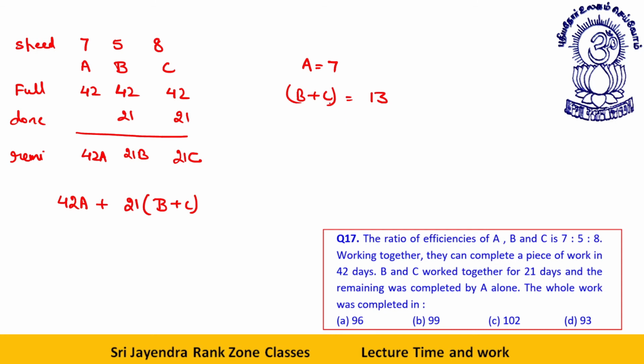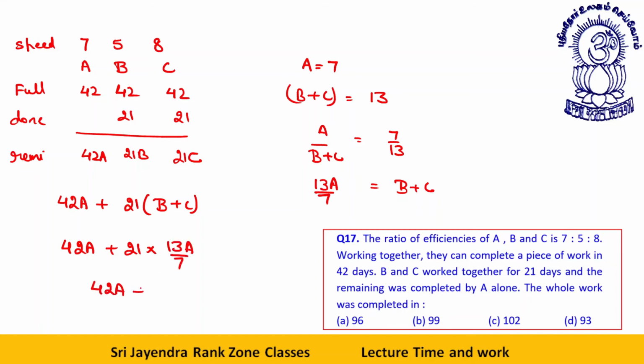So if I take a ratio of A upon B plus C, this is 7 by 13, or B plus C is equal to 13A by 7. So 42A plus 21 into 13A by 7, or I can say 42A plus 39A. This is equal to 81A. This is the remaining work.